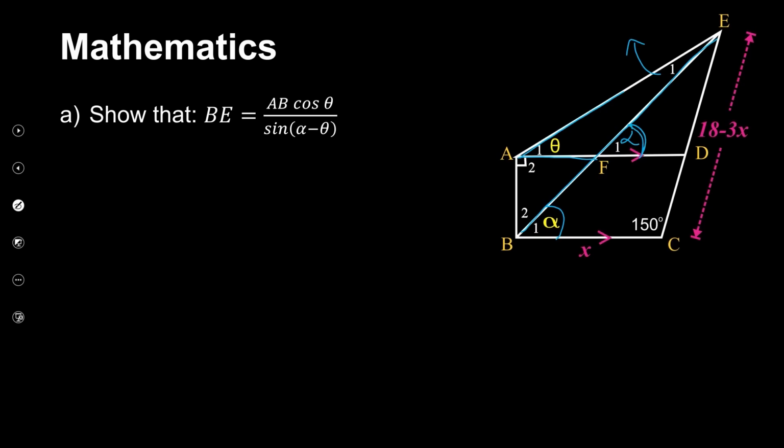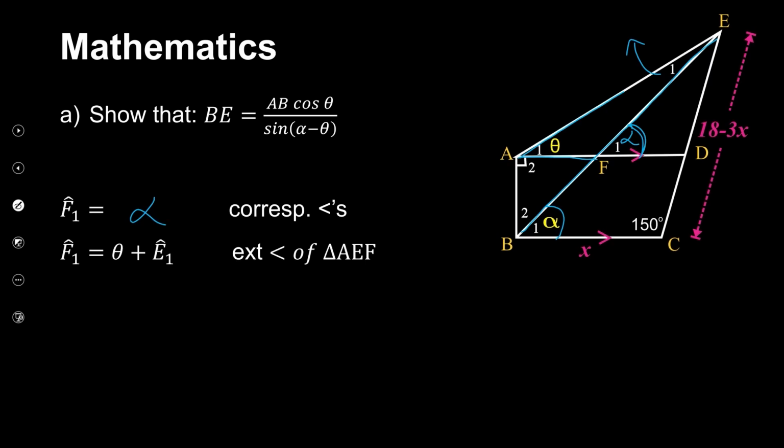So remember we said F1 is equal to alpha because it's corresponding angles, and F1 is equal to theta plus E1. Therefore E1 is equal to alpha minus theta. Now we're going to need that information when we continue with the example.